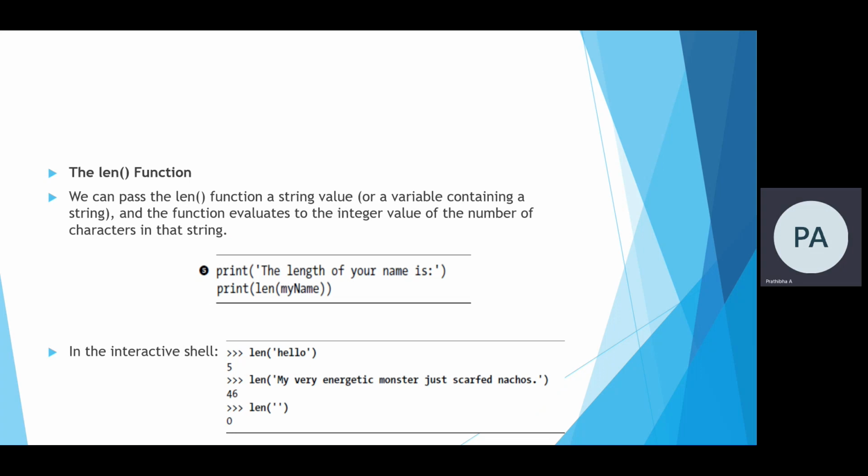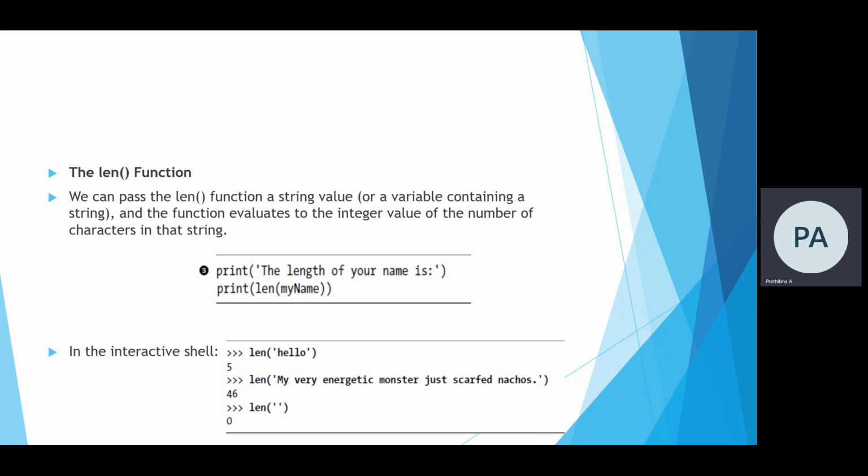Then we have the len function. You can pass a string value to the len function, and the function evaluates to an integer value of the number of characters in that string. Here I wanted to find the length of a string. We pass that string as a parameter to this len function, and it gives the number of characters present inside that string.